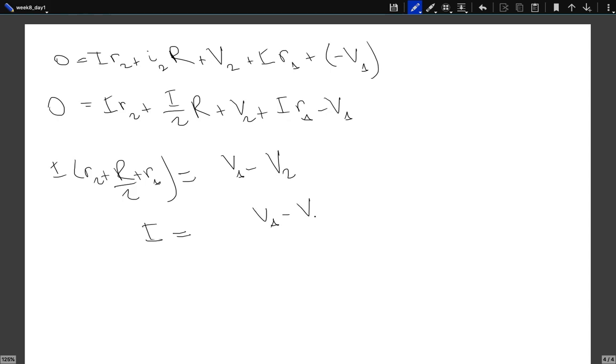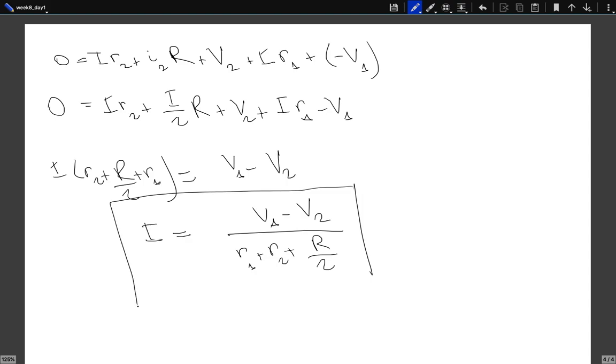And I should be equal to V1 minus V2 divided by R1 plus R2 plus capital R over 2. And this is indeed the result that we had obtained before.